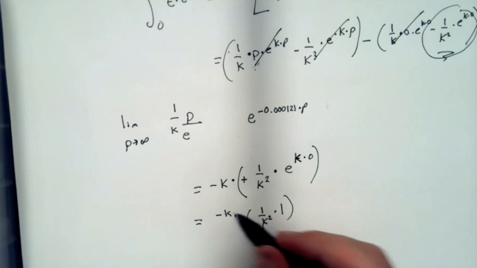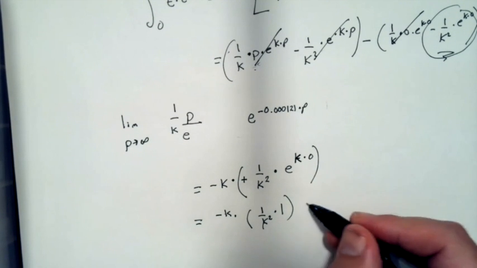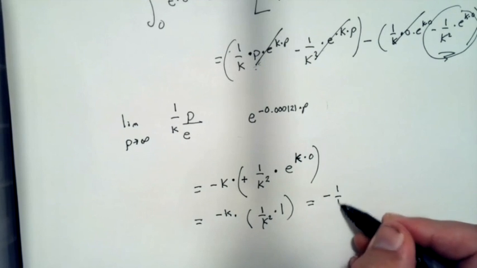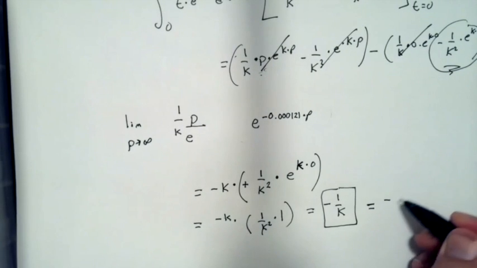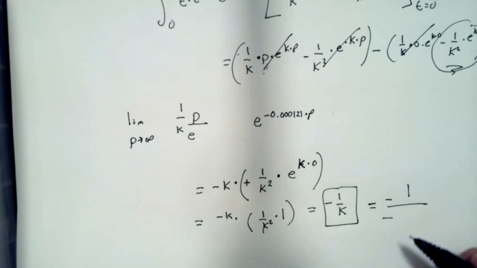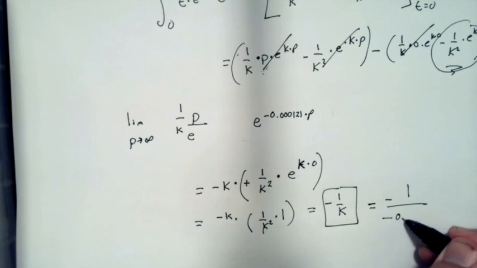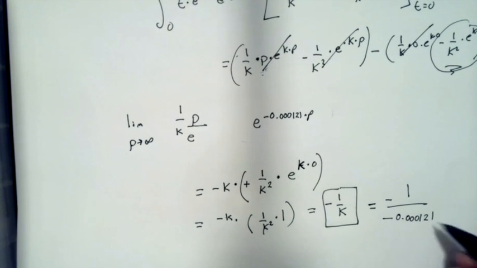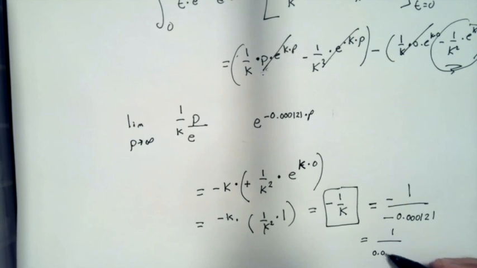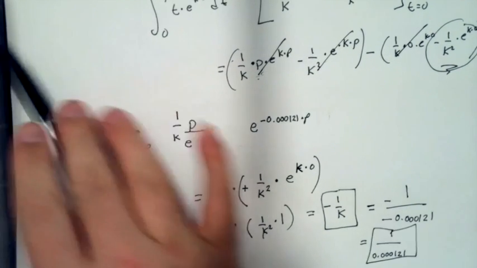I cancel this negative k with this 1 over k squared, and I just get negative 1 over k. So I would plug in the numbers for k, so my final answer would be negative 1 over negative 0.000121, which would be 1 over 0.000121.